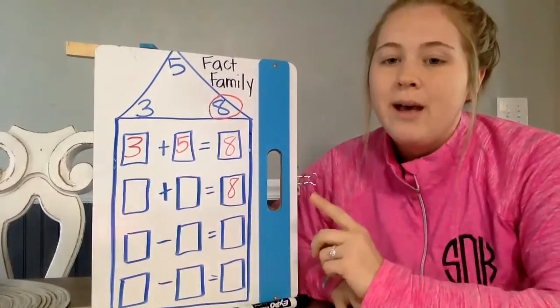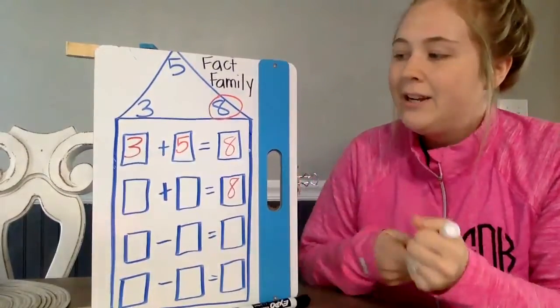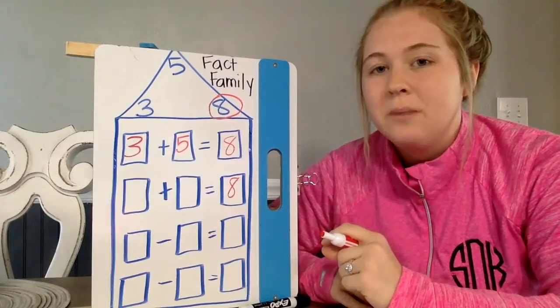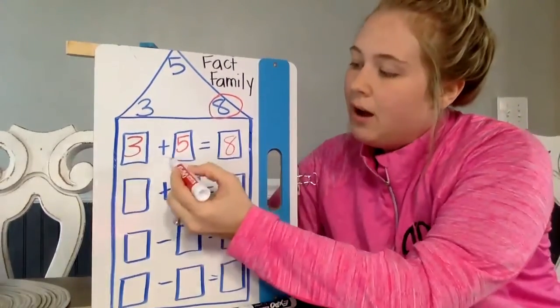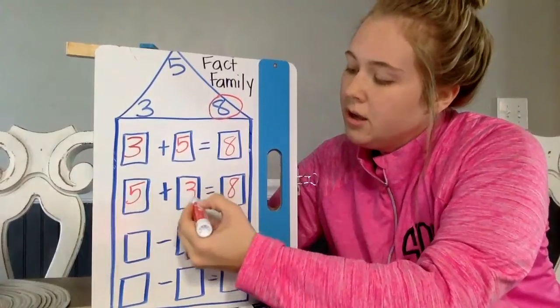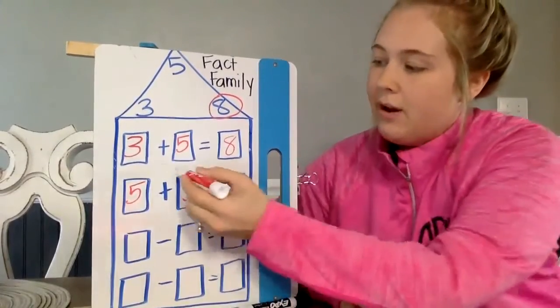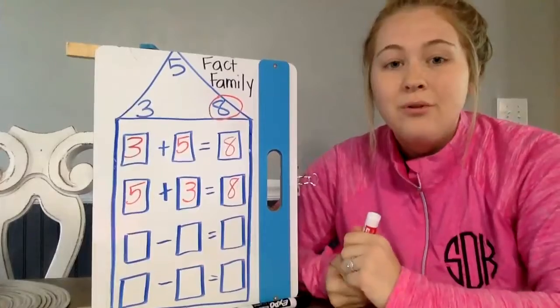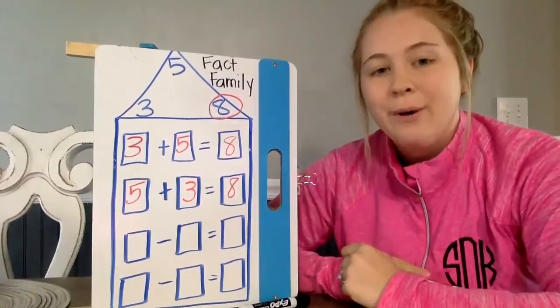The second math sentence, I like to use this reminder. Think about the flip-flop strategy that we talked about in class. You can flip-flop the numbers. Put a 5 first and a 3 next. See how I just flip-flopped the order there? And they'll still give you the same total, which is 8, our monster number.